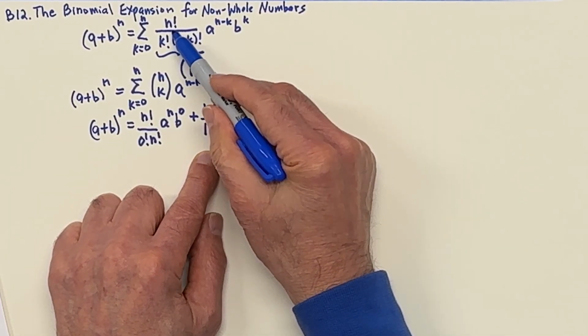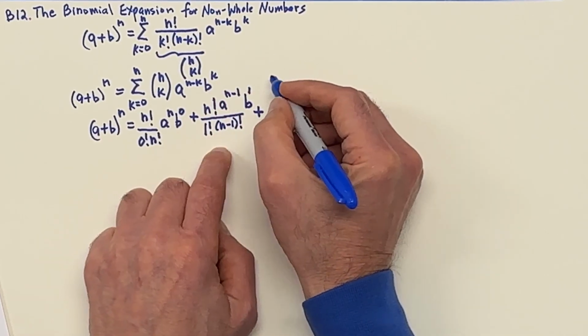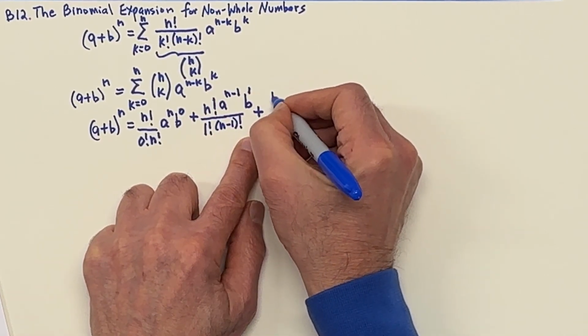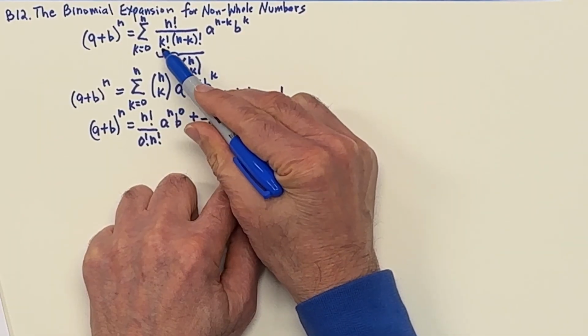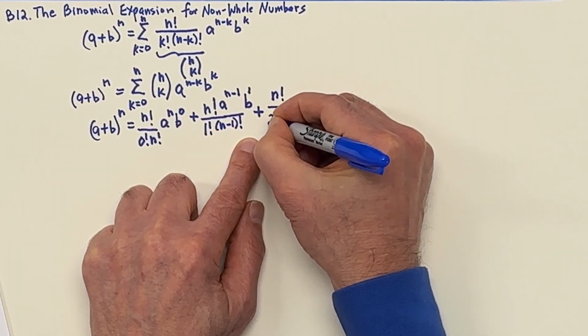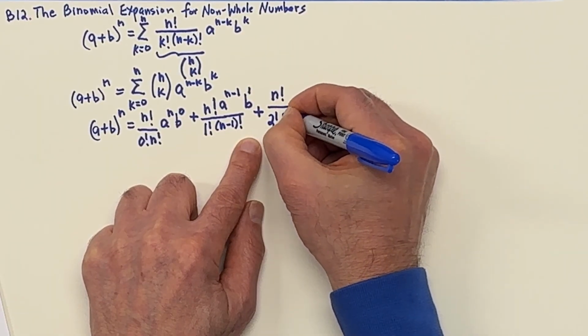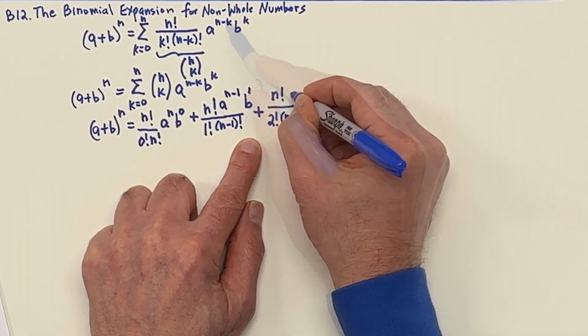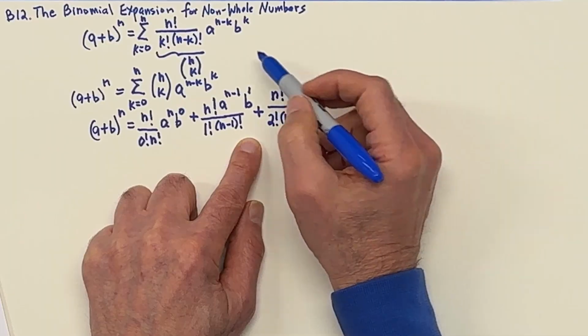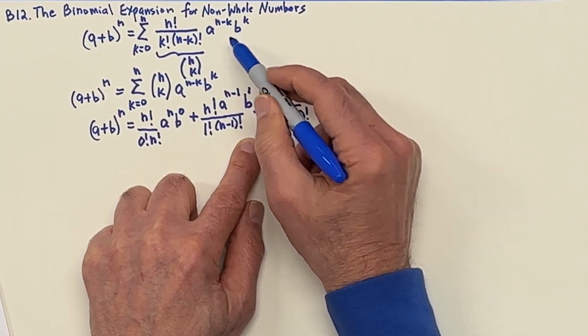Notice that n factorial is always on top, so I can write down here for the next term n factorial again. And then now k is 2. This is 2 factorial, and then we have n minus 2 factorial. And then for the a, we have n minus k.